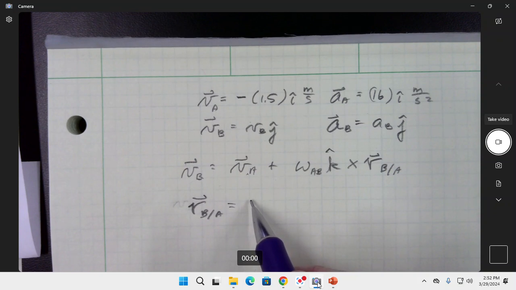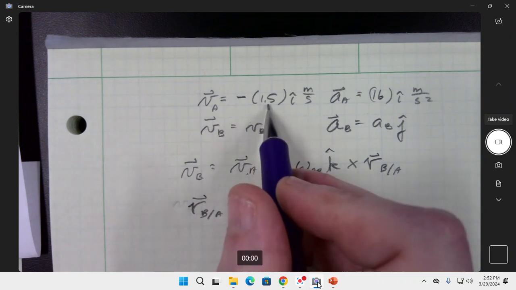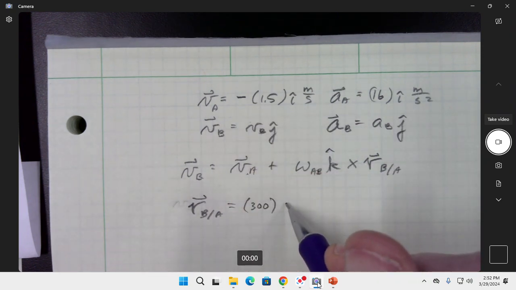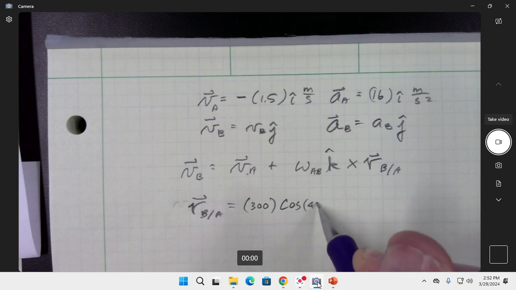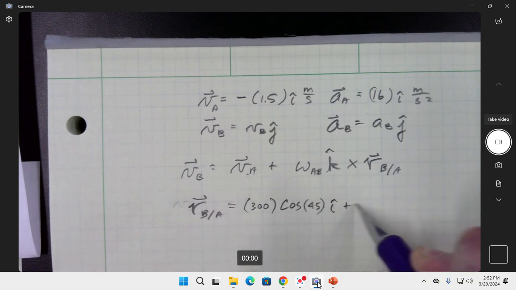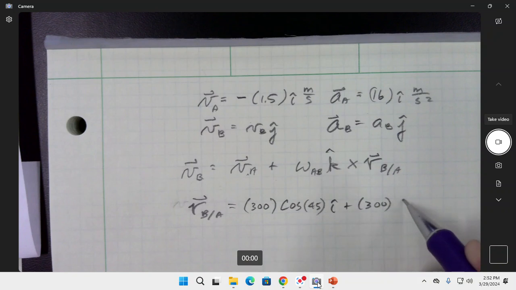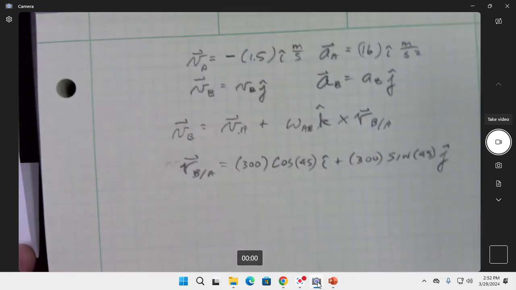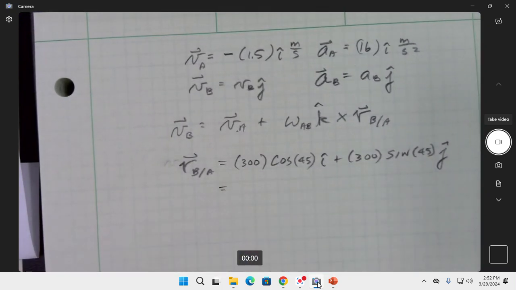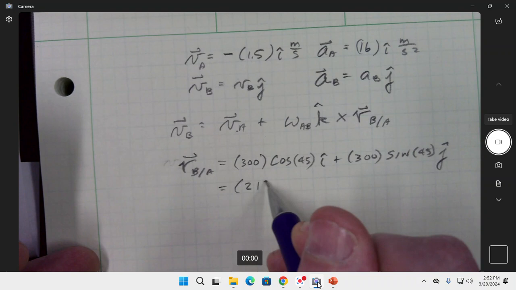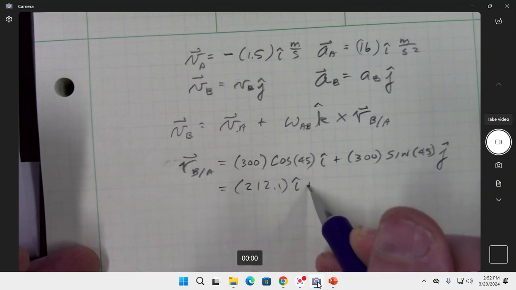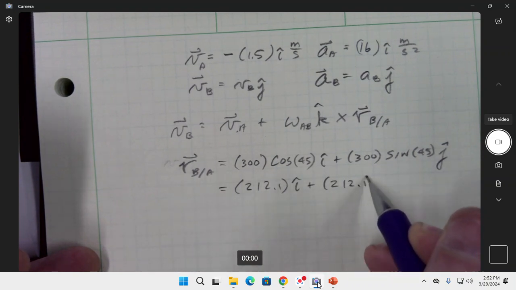We're going to do it in millimeters, so these will be larger numbers: 300 times the cosine of 45 I plus 300 times the sine of 45 J. They're going to be equal to the same thing, right? 300 cos 45, boom: 212.1 I plus 212.1 J.